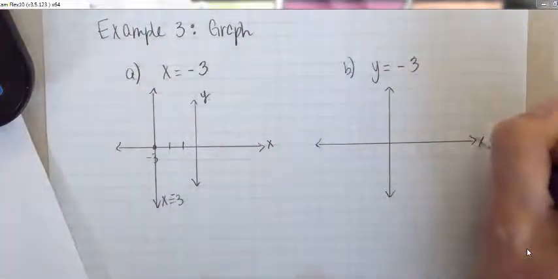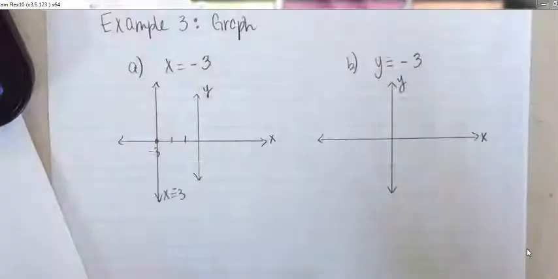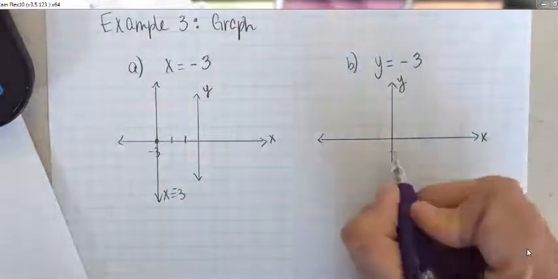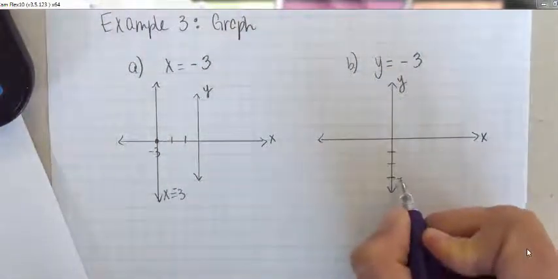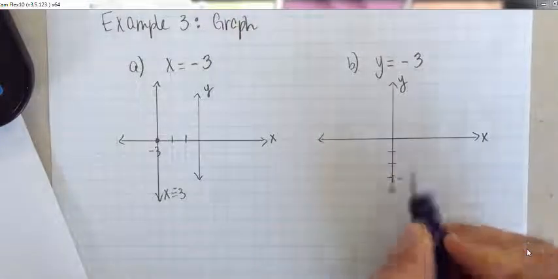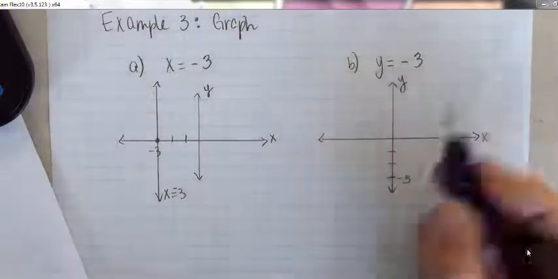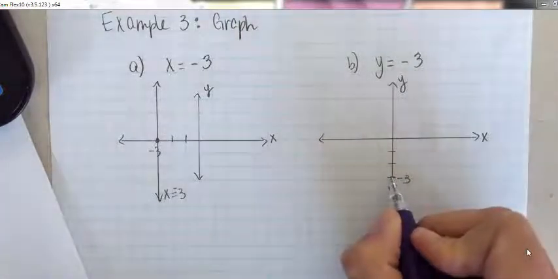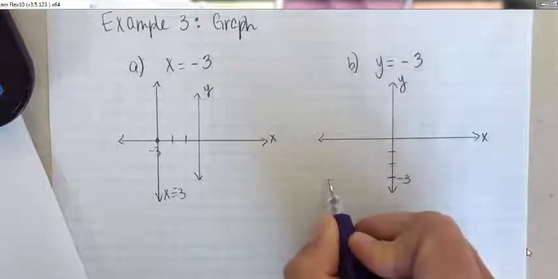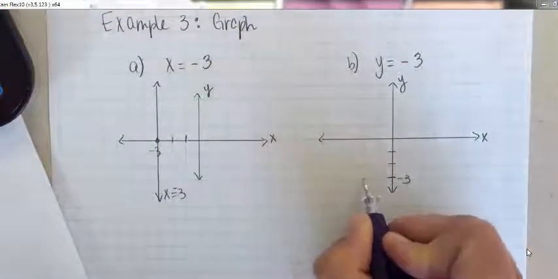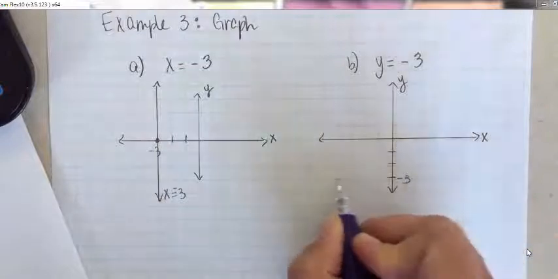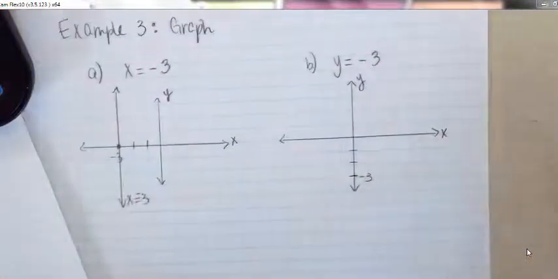Label my x and my y-axis. So my y-intercept, y equals -3. My y-intercept is at -3. And the line of this equation is the horizontal line that goes through that y-intercept.